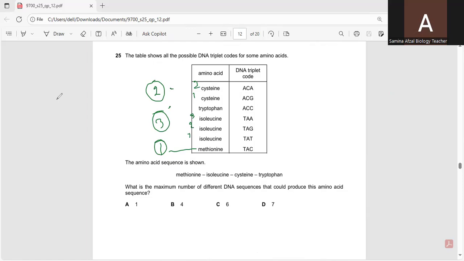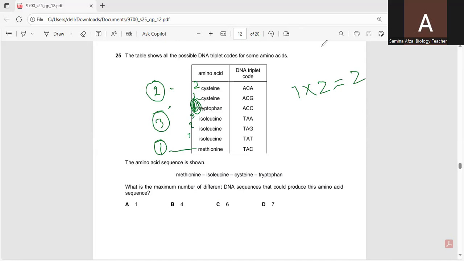Tryptophan will also have 1. So there is one possibility for methionine and one for tryptophan.